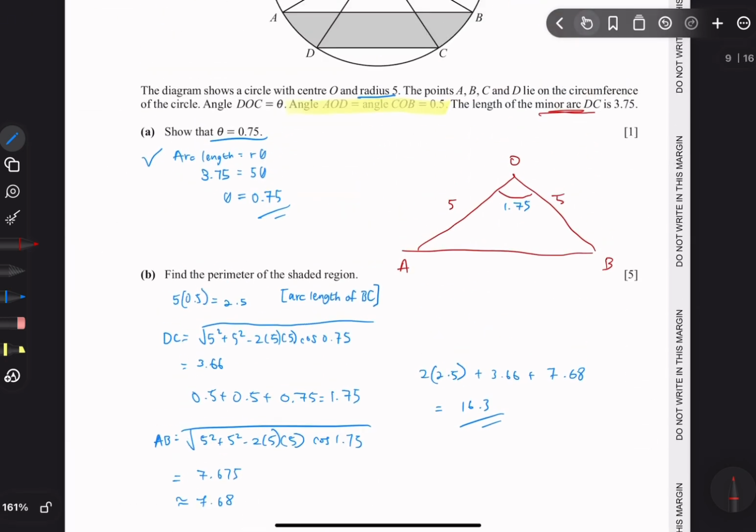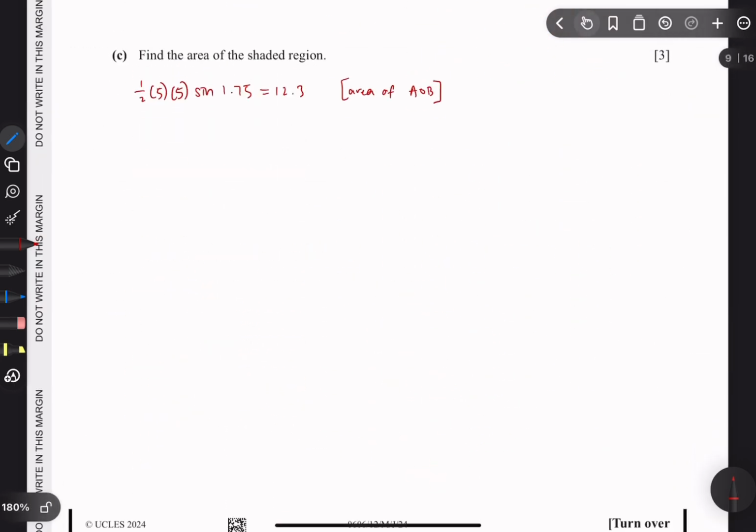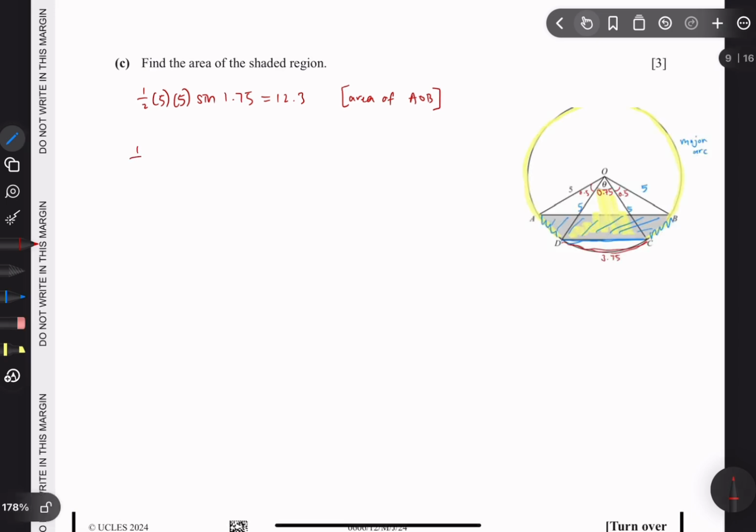Next, we can find this small segment of the circle. So essentially, we can just find the area of this whole sector, and then we find the area of this triangle, and we use the area of the sector minus this part to get the area of this segment. Okay, so to do this, we can use the formula for area of sector, which is half theta r squared.